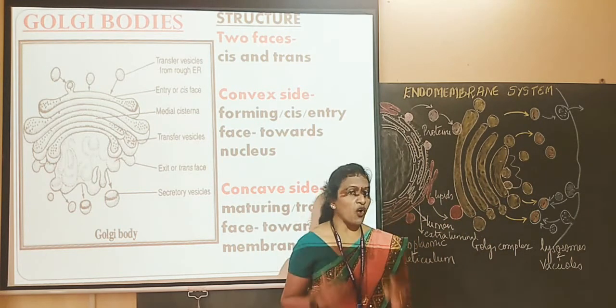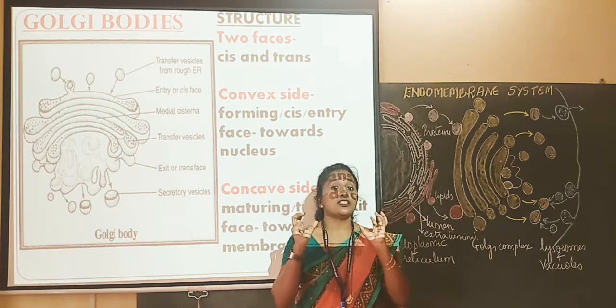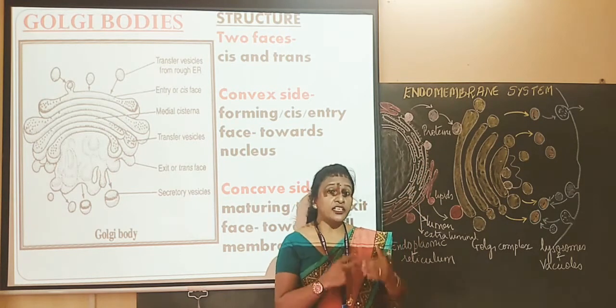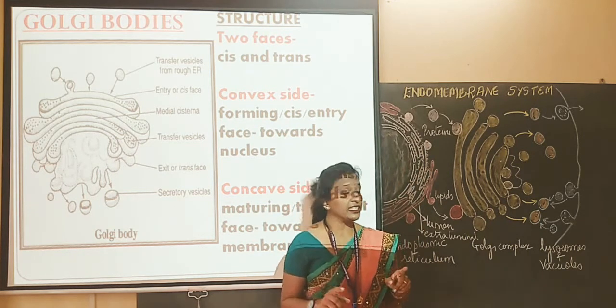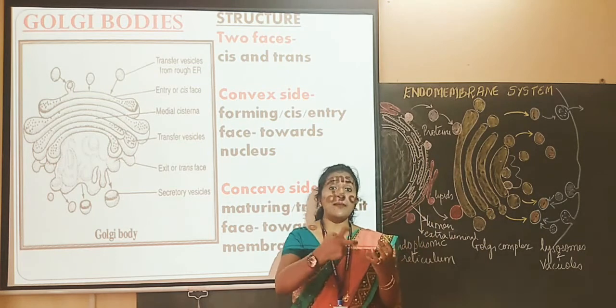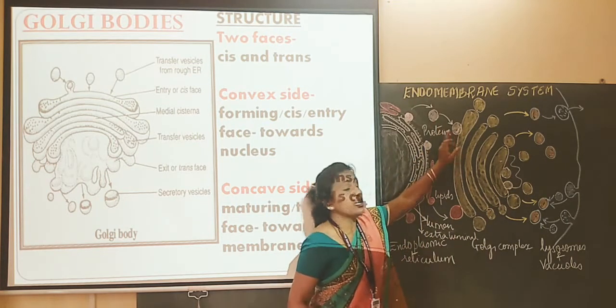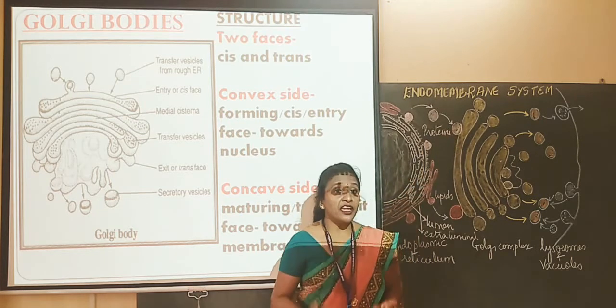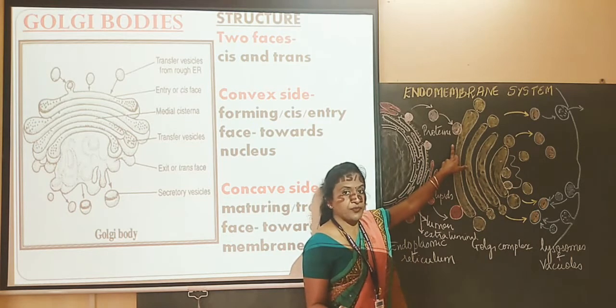So we will recall here rough endoplasmic reticulum that forms the protein, which is modified and folding of protein is carried out by rough endoplasmic reticulum and then it will come out in the form of vesicles and it will get fused with the cis face or forming face of Golgi apparatus. Okay?